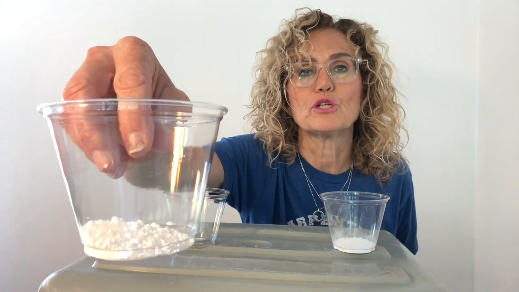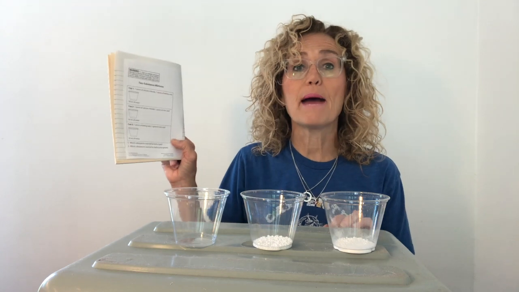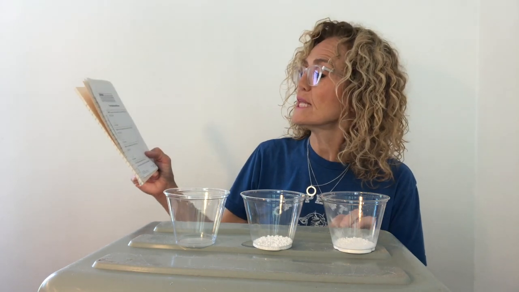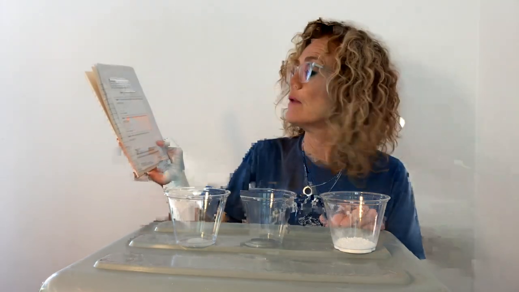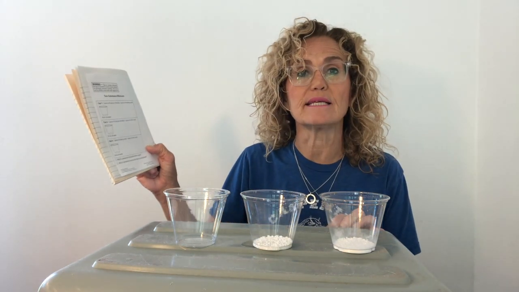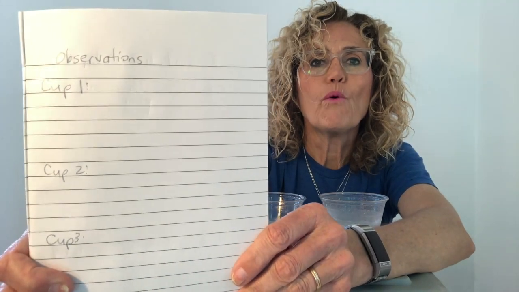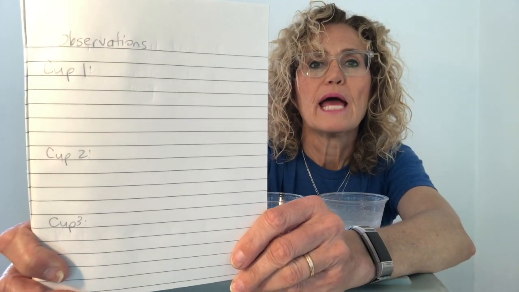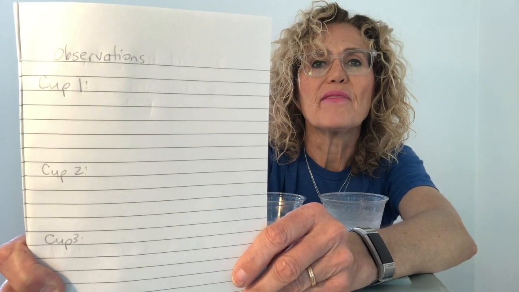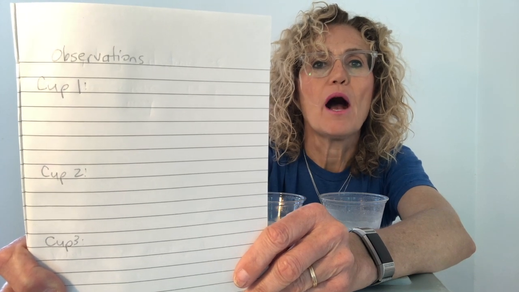Here is cup number 2. Cup number 3, add 1 spoon of baking soda and 1 spoon of citric acid. Here's cup number 3. Before we add the water, can you please add this on the next page?